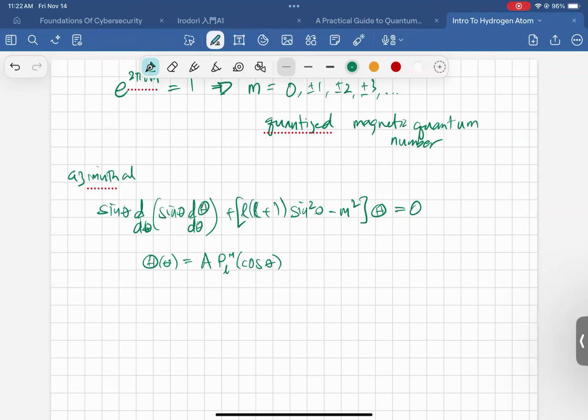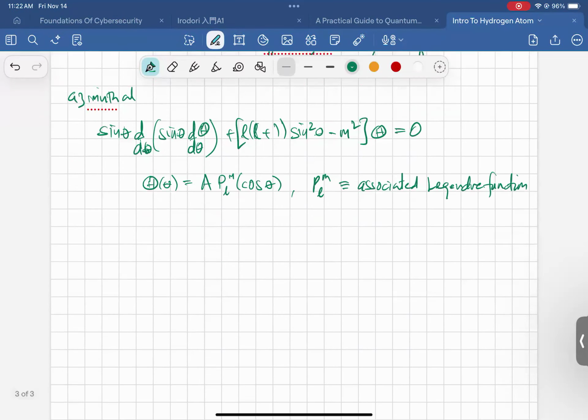Okay, kung saan itong P sub L super M ay tinatawag na associated Legendre function or Legendre polynomial. Okay, sorry, Legendre function.